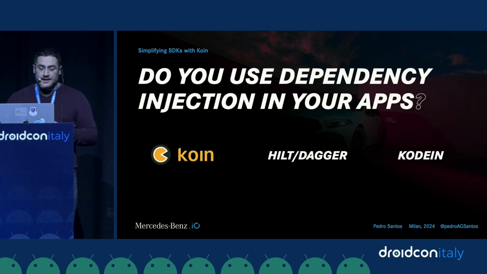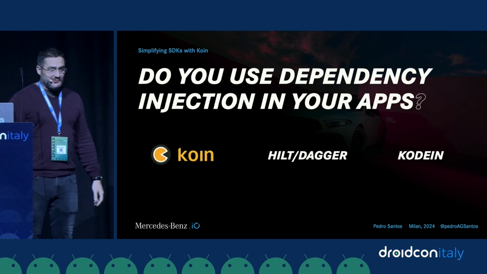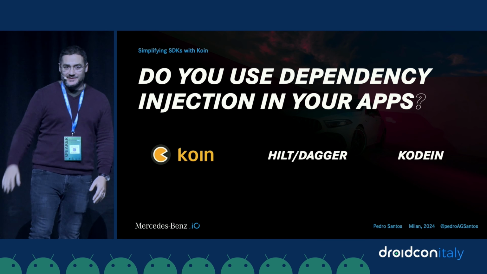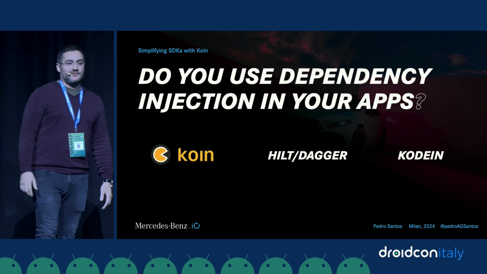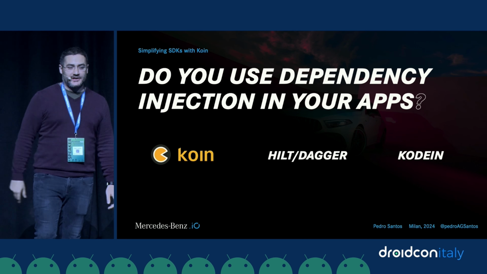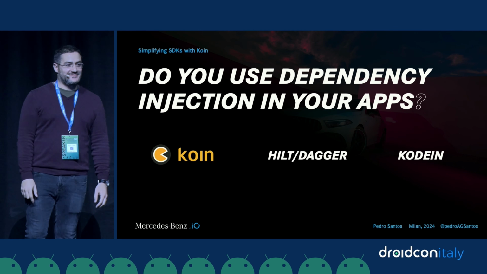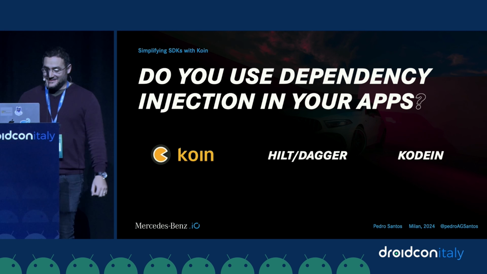So I want to see raised hands: who of you actually uses dependency injection, whatever type you use? Okay. And of those of you, which ones are using Koin? Oh, wow. That's really nice to see. All right.